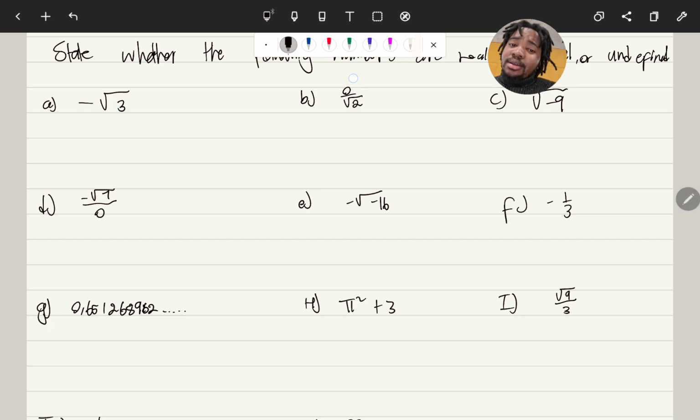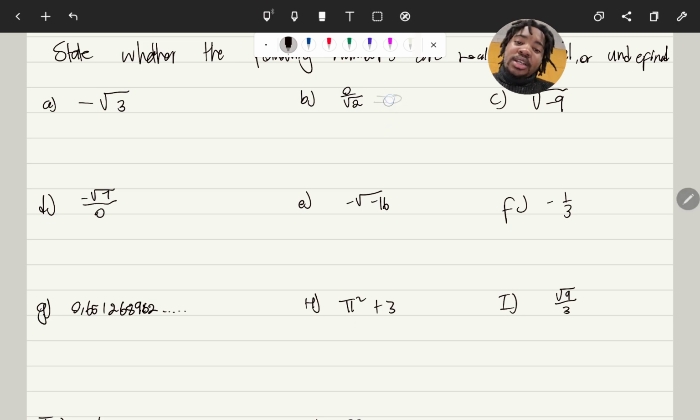And then let's look at this one. The number here is 0. We have this rule that says 0 divided by any number is going to be 0.